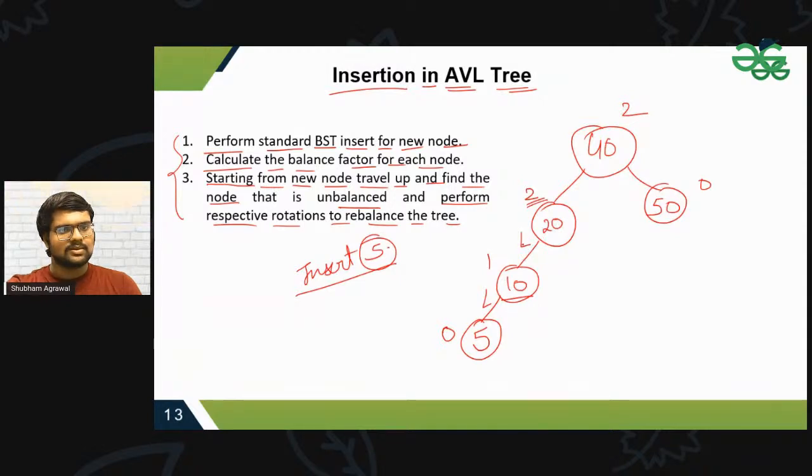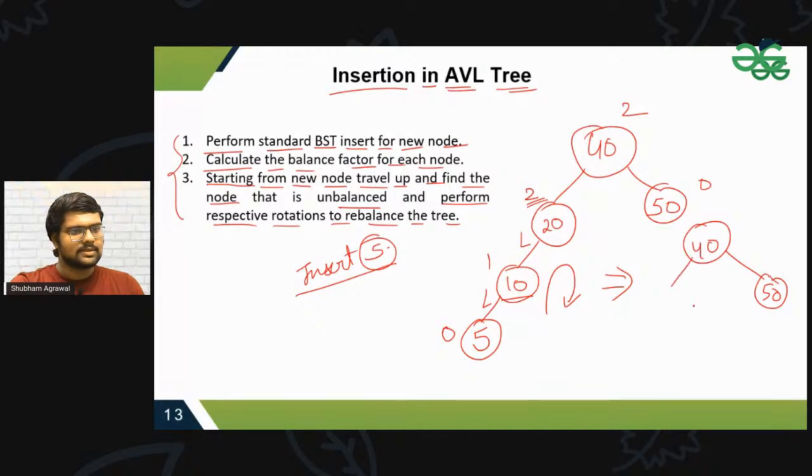So we need to perform the LL rotation here. When we perform this LL rotation, our new tree will be: 40, with 50 as it is, and 10 will come up, with 20 here and 5 here.